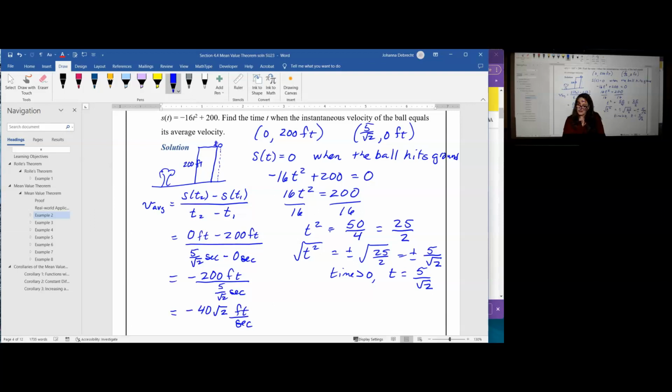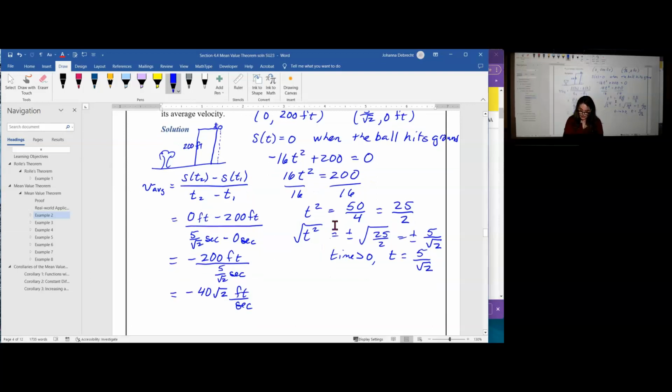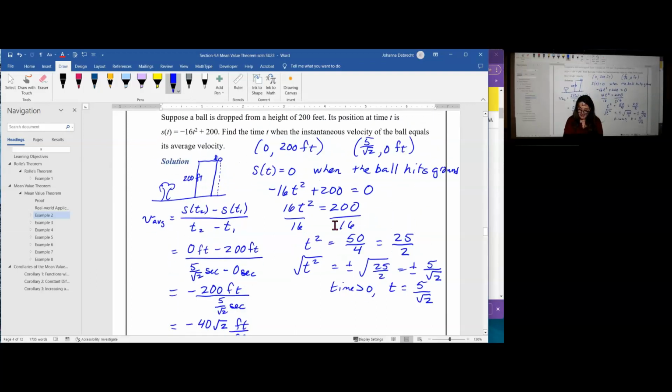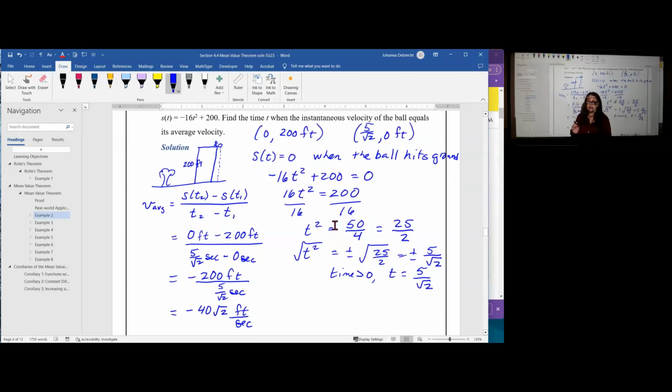This is the average velocity of the ball as it falls from the roof to the ground. That's average speed. Now, because we know that position is both continuous and differentiable, we can apply the mean value theorem. The mean value theorem says that at some point, the instantaneous velocity had to be equal to that average velocity.